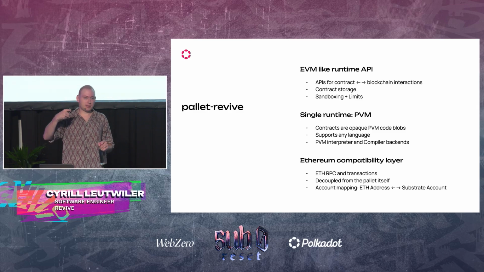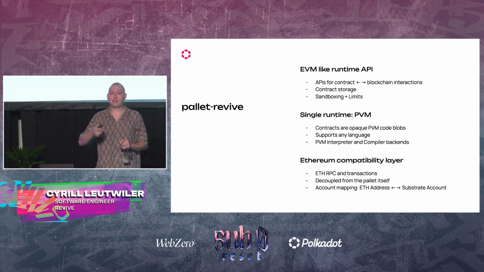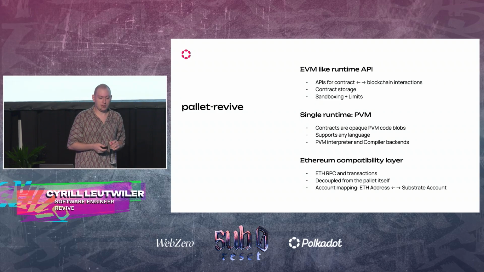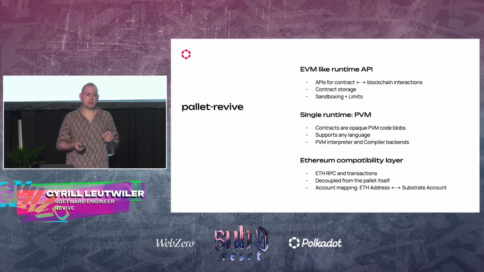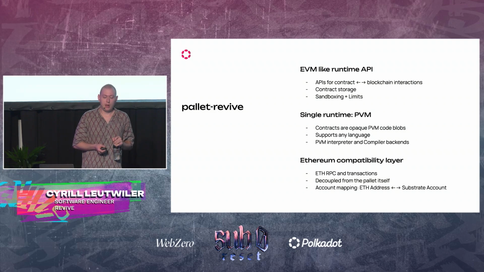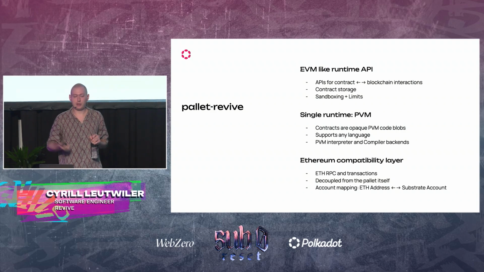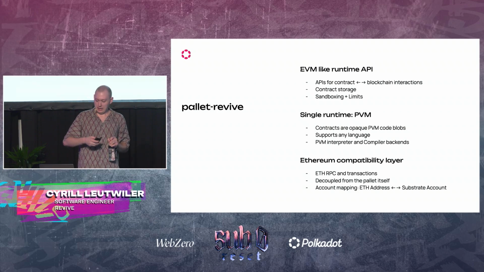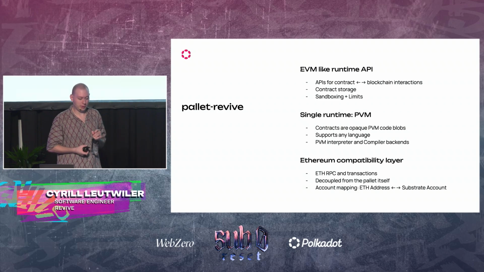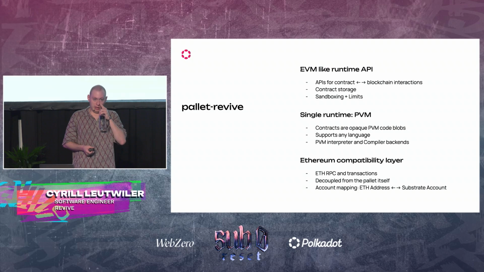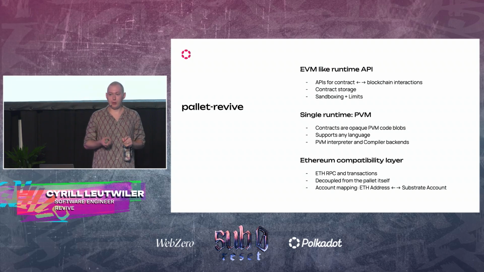So your contracts want to read and write storage and so on. So we provide a set of sort of syscalls your contract can call into, and we will also provide a bunch of precompiles to interact with other pallets. We want to have a single runtime, which is PolkaVM.